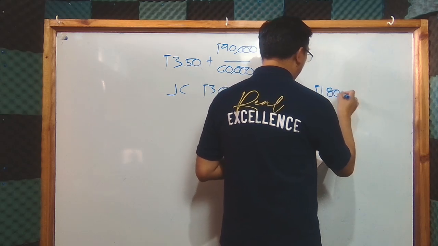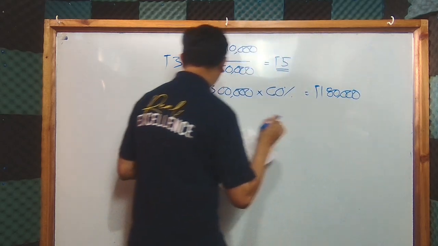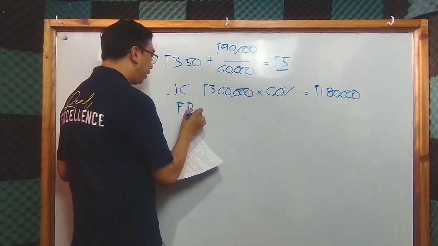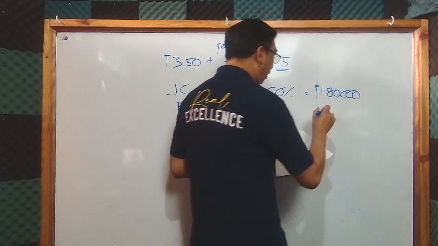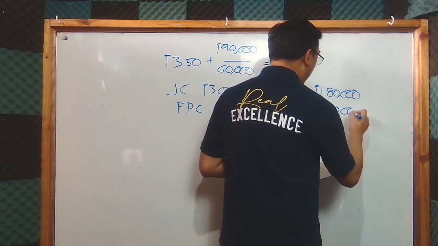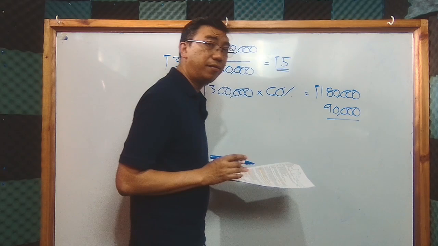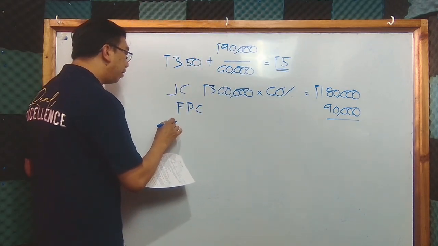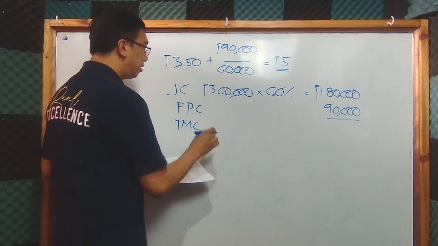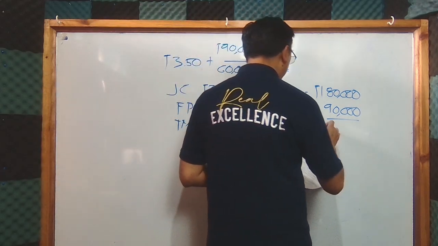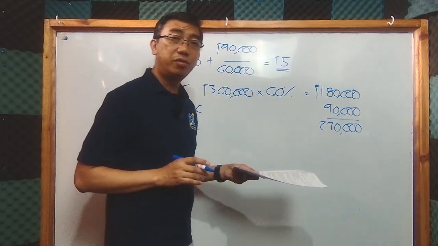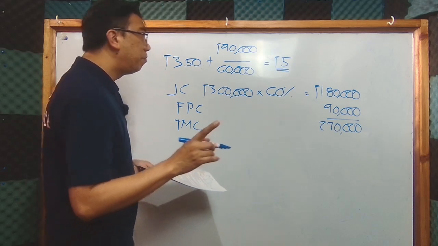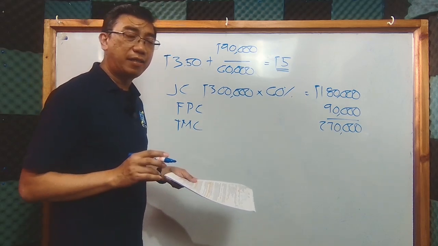Okay? 180,000. Do not forget to add the further processing cost. Further processing cost, FPC, is 90,000. Class, this is cost accounting already. Okay? This is the total manufacturing cost. Total manufacturing cost is 270,000. We need this to get your unit cost, right? So we can compute the cost of goods sold and ending inventories.